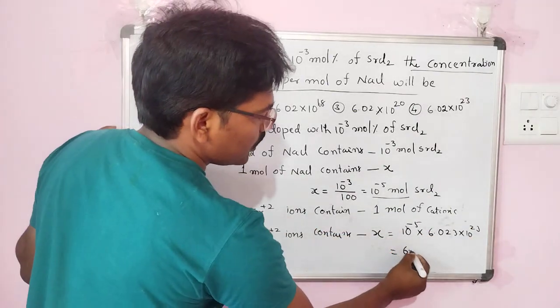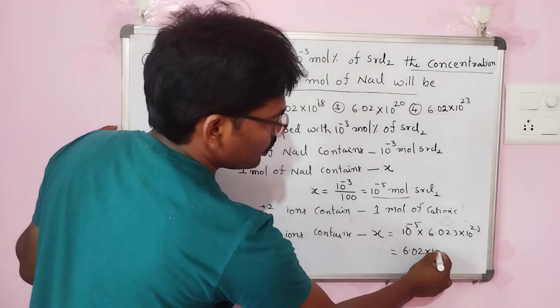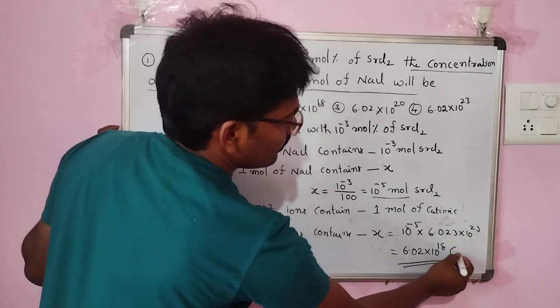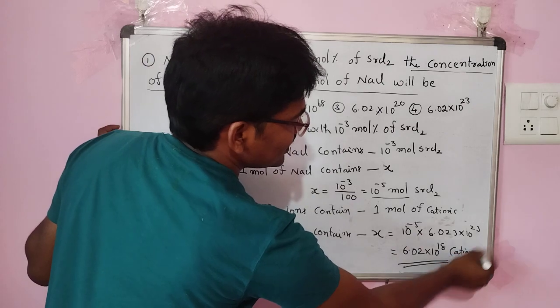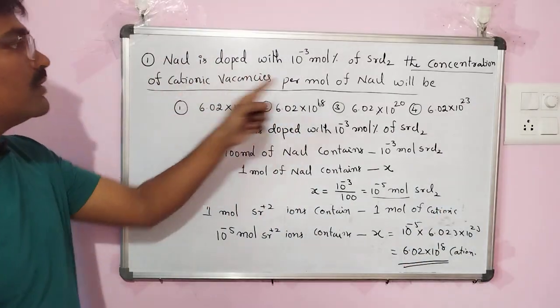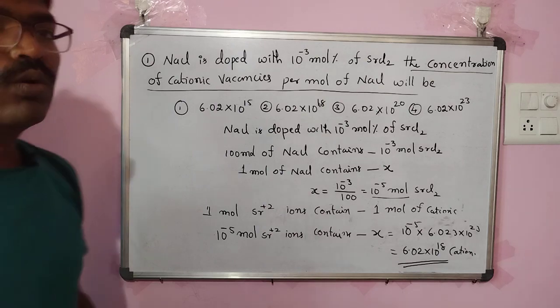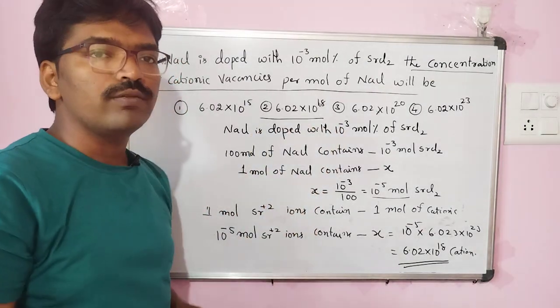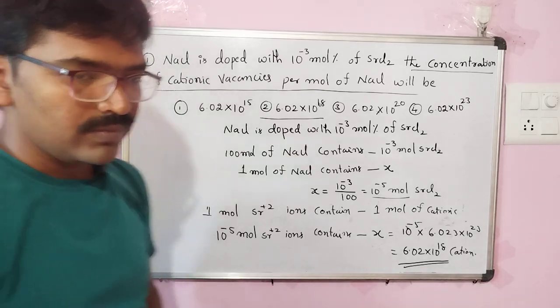Here 6.02 into 10 to the power of 18. This is the concentration of cationic vacancies per mole of NaCl. So the answer is 6.02 into 10 to the power of 18.